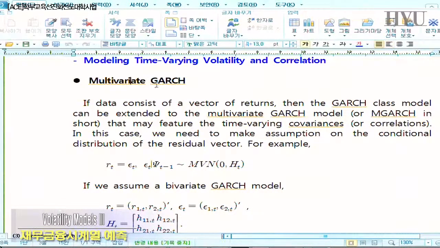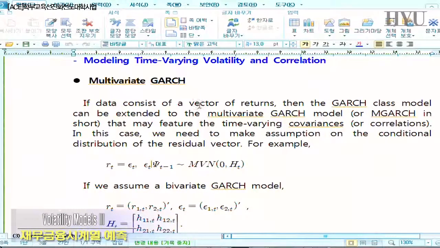Now, when you have more than one series, you are looking at not the univariate time series, this time multivariate time series. Okay. So you are adding, let's say, multivariate GARCH. Well, it appears to be very simple, but you are in big trouble because it's heavy stuff in terms of finding a converging estimate of the model.